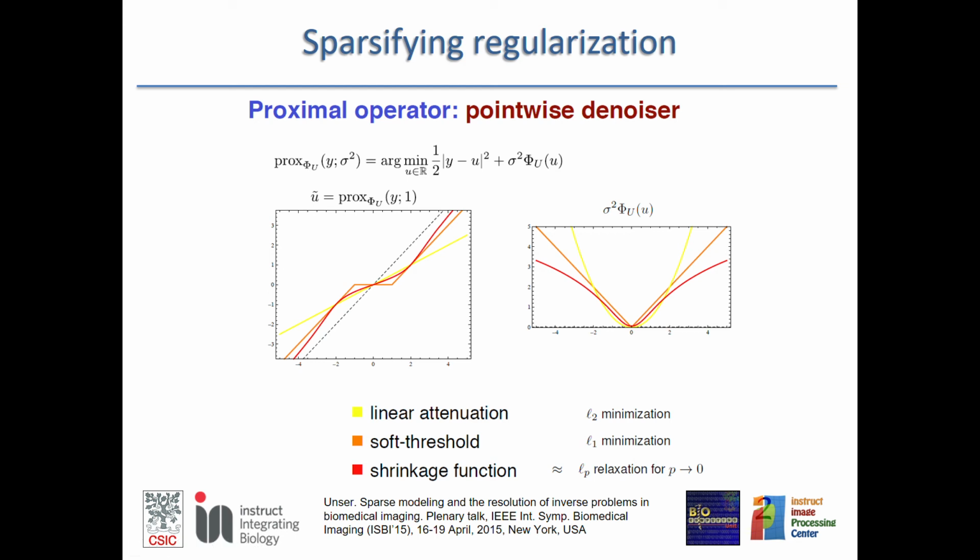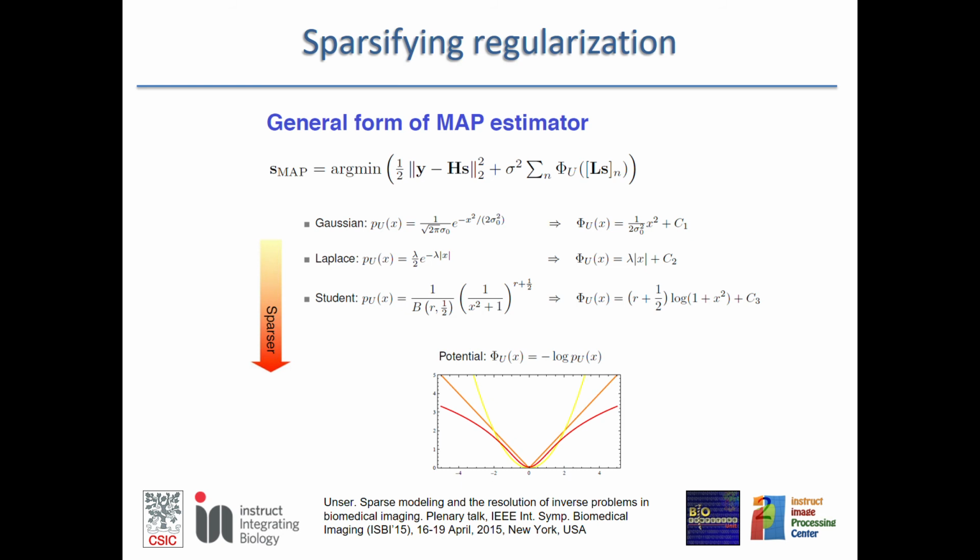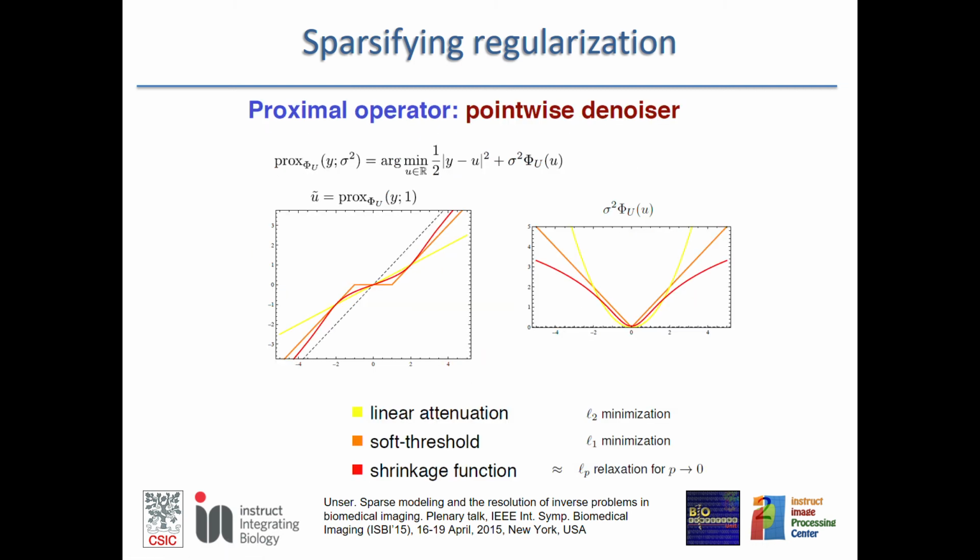This is the proximal operator for the Laplace prior, and you may recognize here things like total variation and these kinds of regularizers.